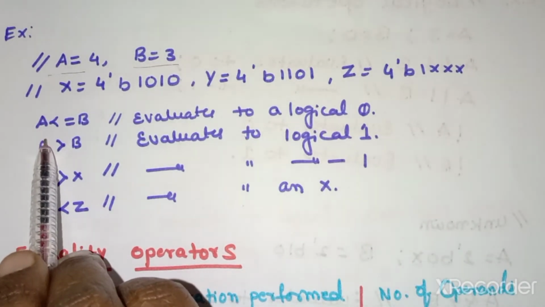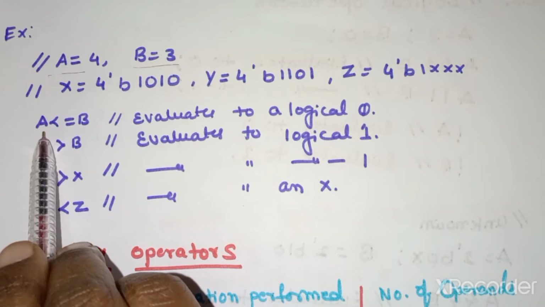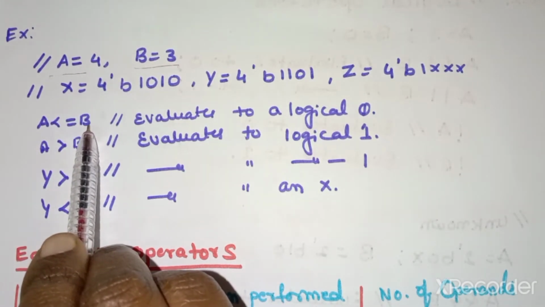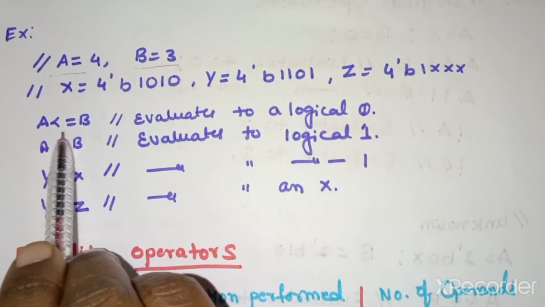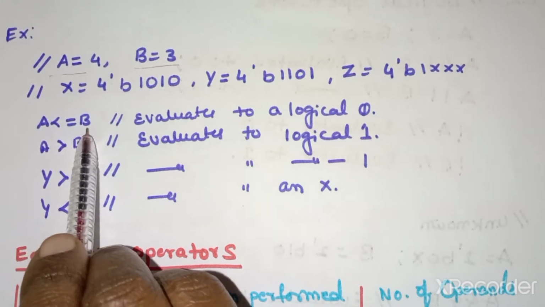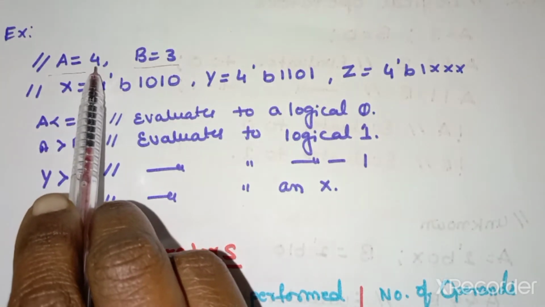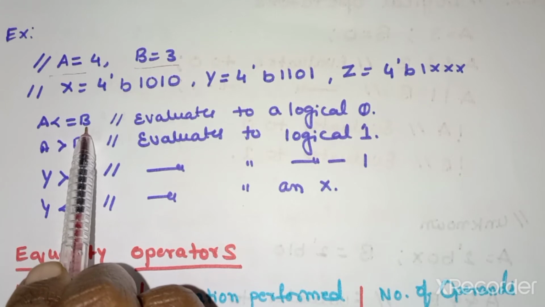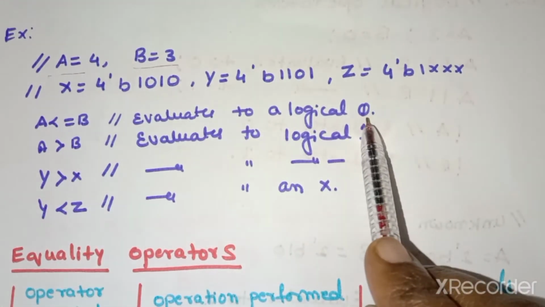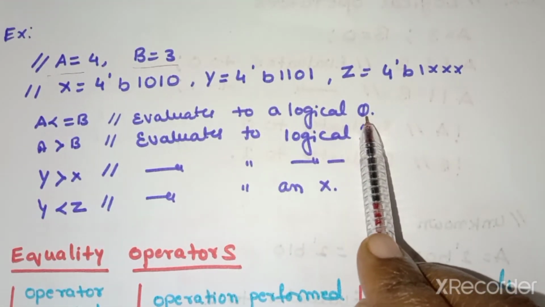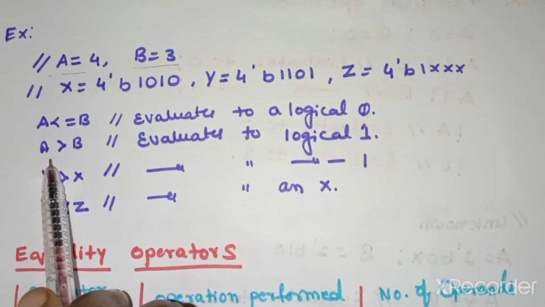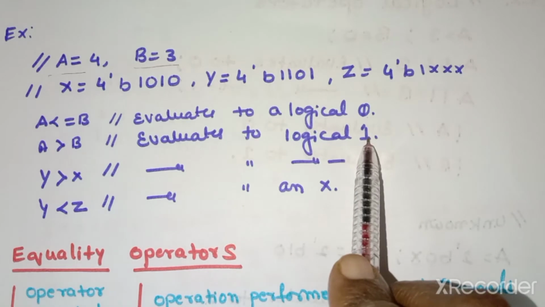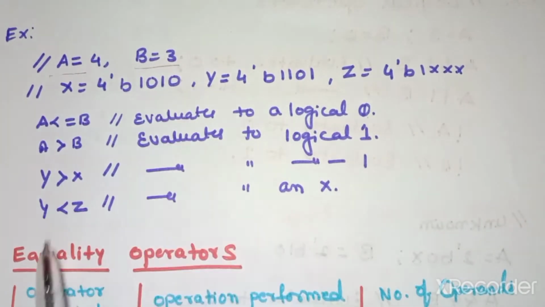If I write the example a is less than or equal to b, then what is its answer? a is equal to 4, b is equal to 3, so it is going to evaluate to logical 0. And similarly, if a is greater than b, then it evaluates to logical 1. This is 4 and this is 3.